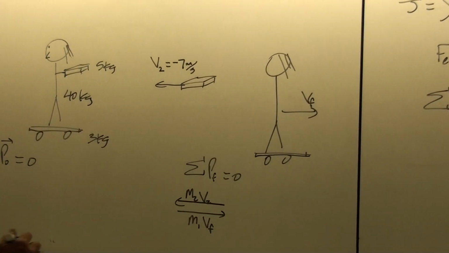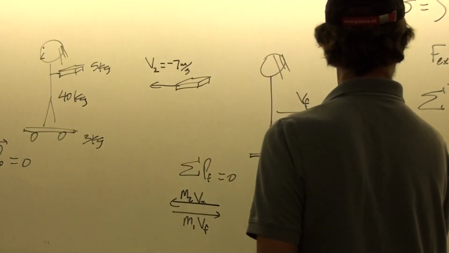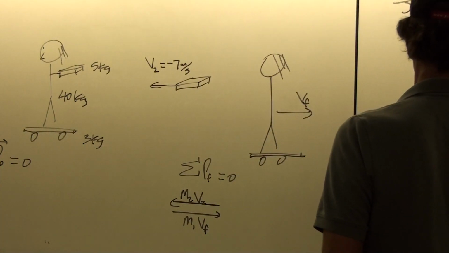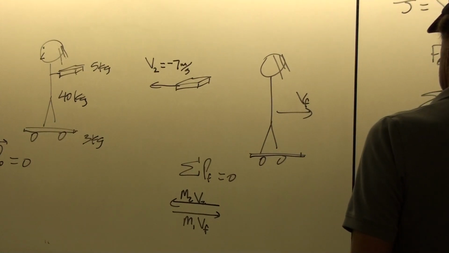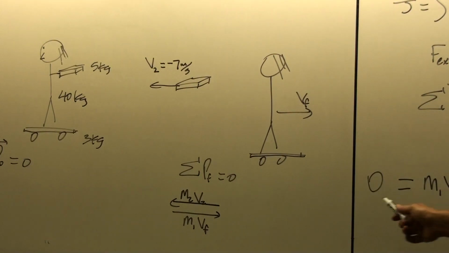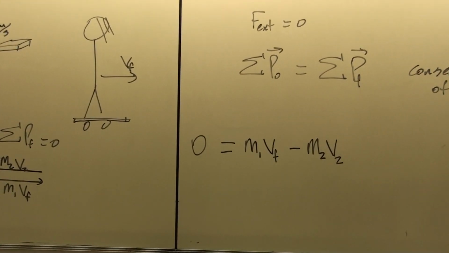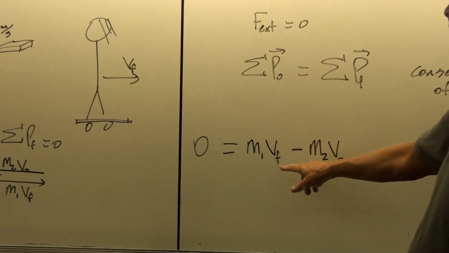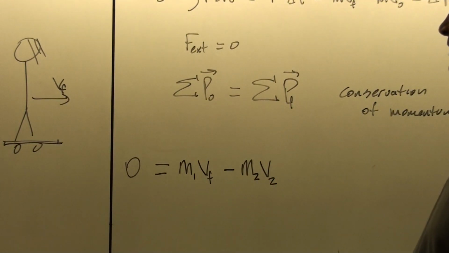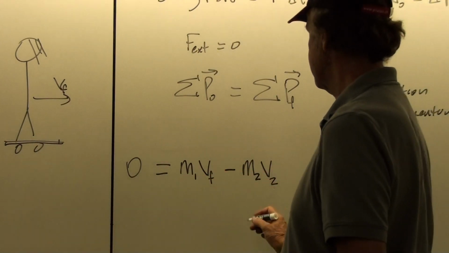So if we define the positive direction to be to the right, then we have 0 for the initial momentum equals M1 V final minus M2 V2. So those two momentum vectors, which indicate the final momentum of the system, are still 0. So we start out with 0, we end up with 0, but because these two momentum vectors are canceling each other out, we can then solve this for V final.